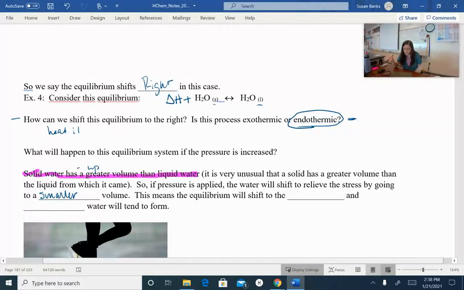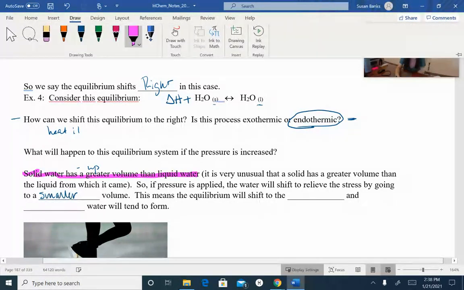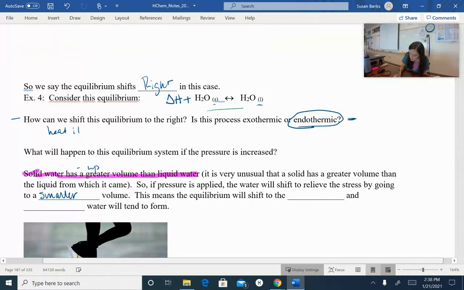Remember, a smaller volume is going to be on the liquid state. So that means that this is going to shift right because liquid is smaller. That's why ice floats, by the way. Okay, the equilibrium will shift to the right and liquid water will form.